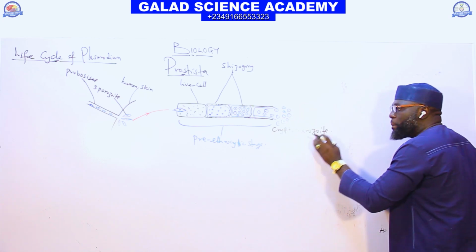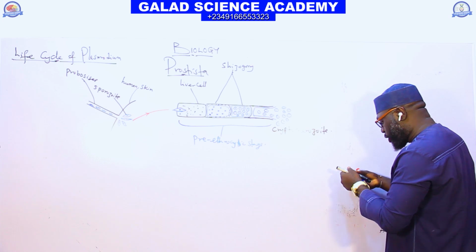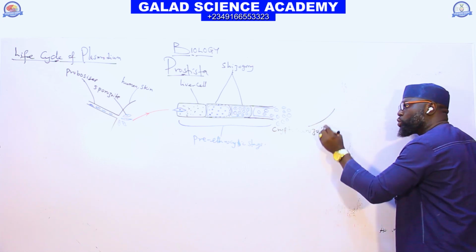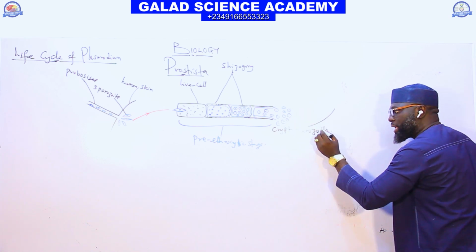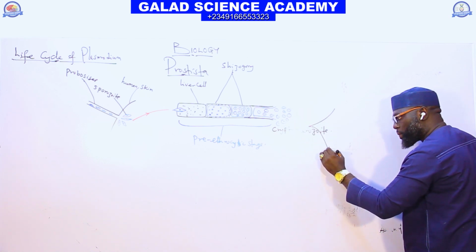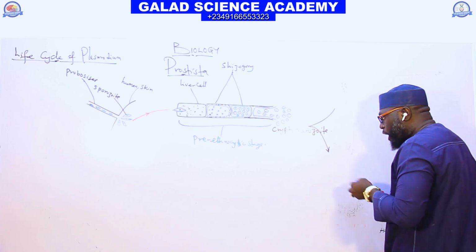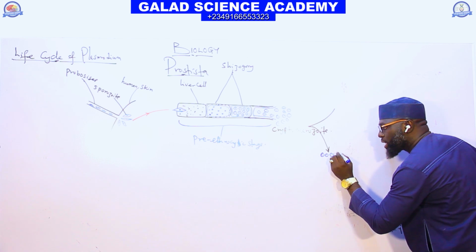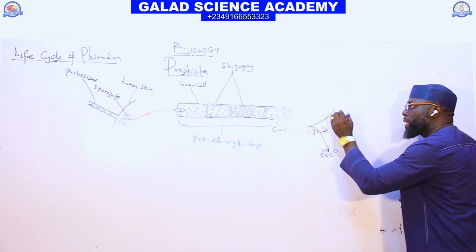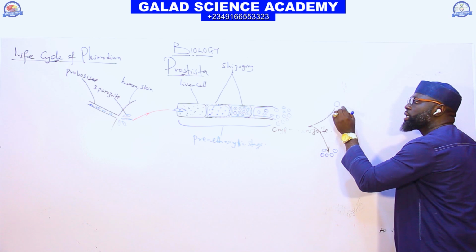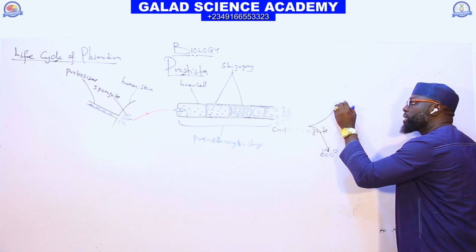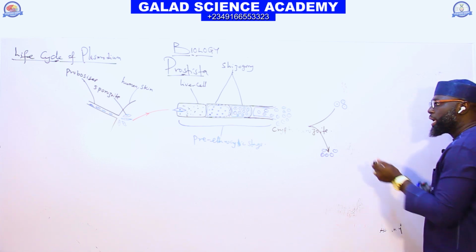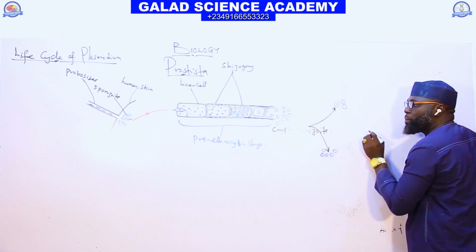So this cryptomerozoite product now divides into two: the one with small cells and one with big cells.